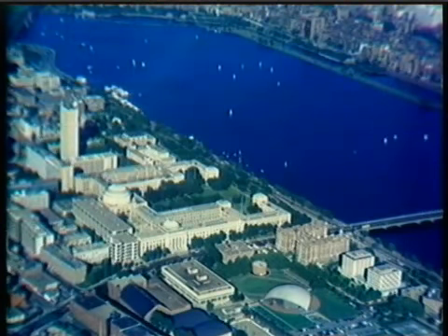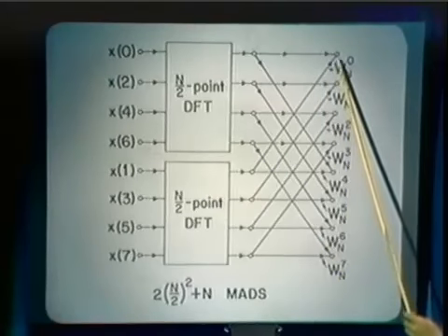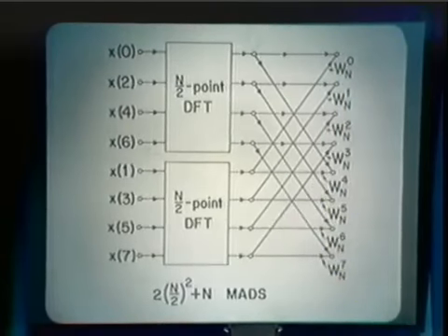The algorithm that we talked about last time, which is referred to as the decimation in time form of the fast Fourier transform algorithm, was derived by decomposing the original sequence into subsequences, first two subsequences consisting of the even-numbered points and the odd-numbered points, implementing an N over 2 point DFT on the even-numbered points and an N over 2 point DFT on the odd-numbered points, and then combining those results in an appropriate way to obtain the discrete Fourier transform of the overall sequence.